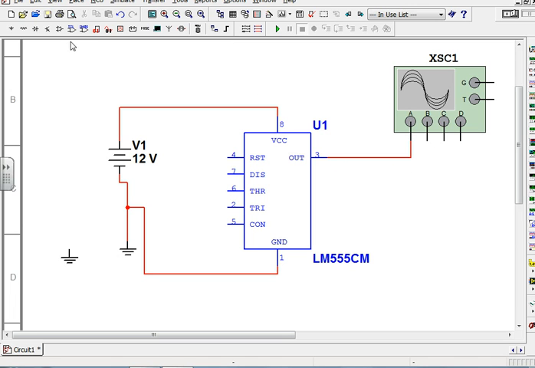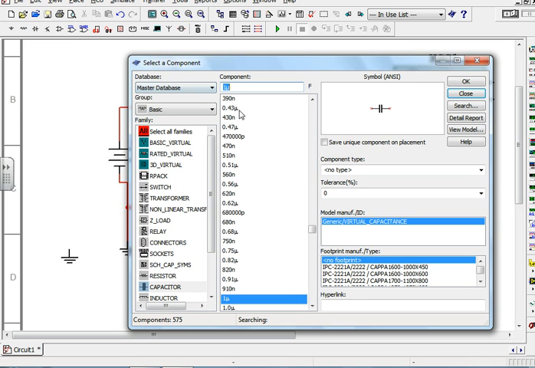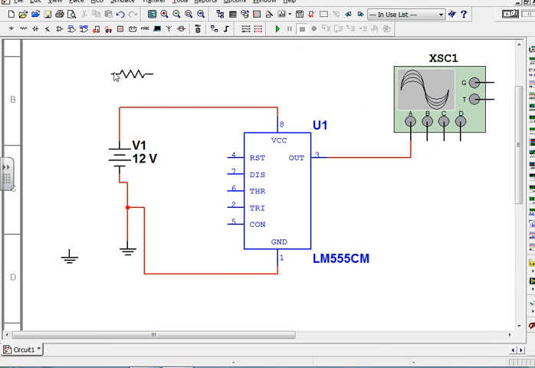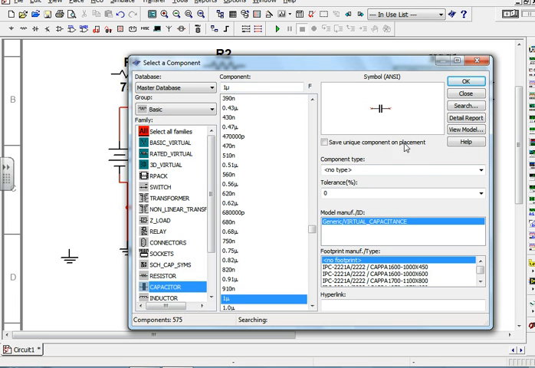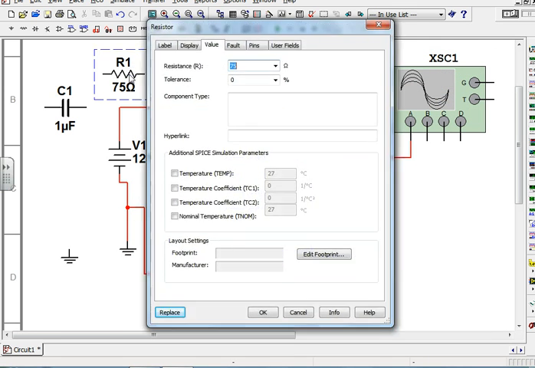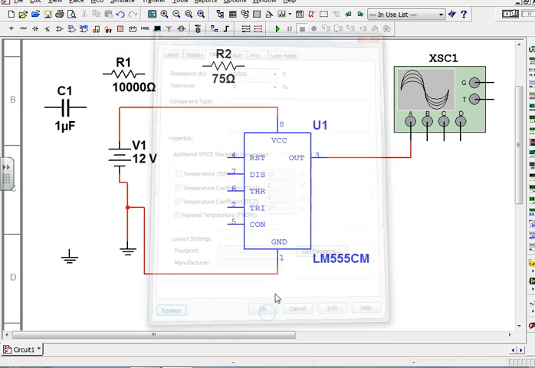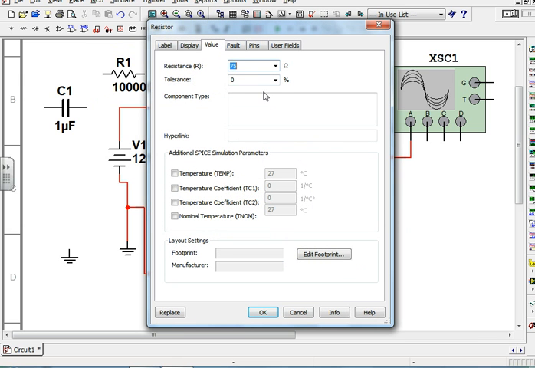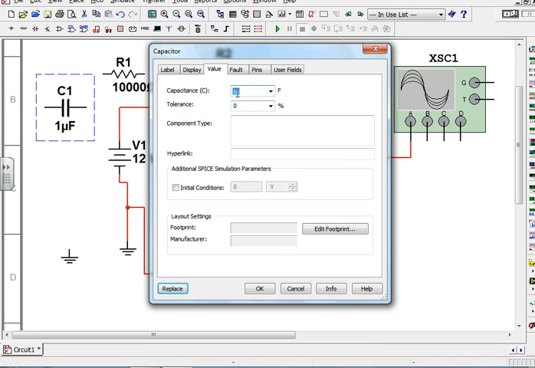All right, then we need two resistors and one capacitor. We want one to be 10K, and the other one to be 10K, and we want this one to be 0.01.